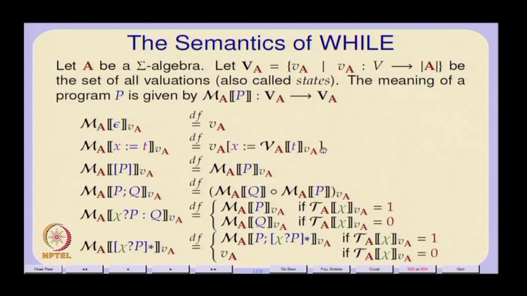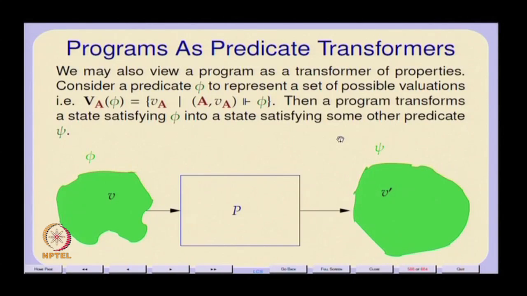So a simple general purpose programming language has this functional semantics, which I did last time. In the context of first order logic, we can also view programs not just as state transformers, but as predicate transformers, as something that takes an input property and gives you an output property. It's still going to act as a transformer of states from some valuation v to some valuation v prime.